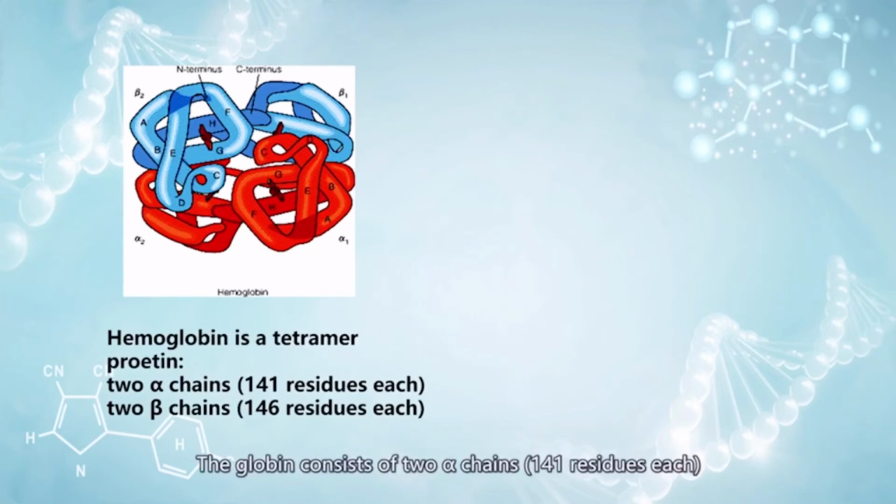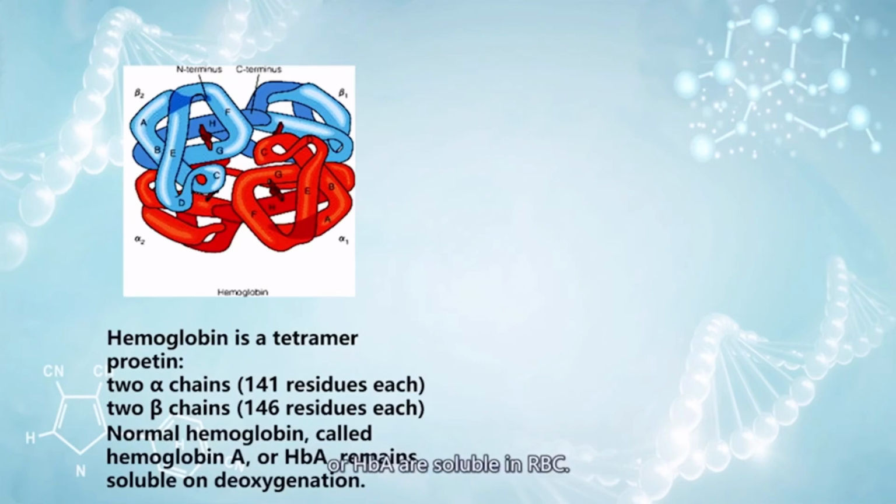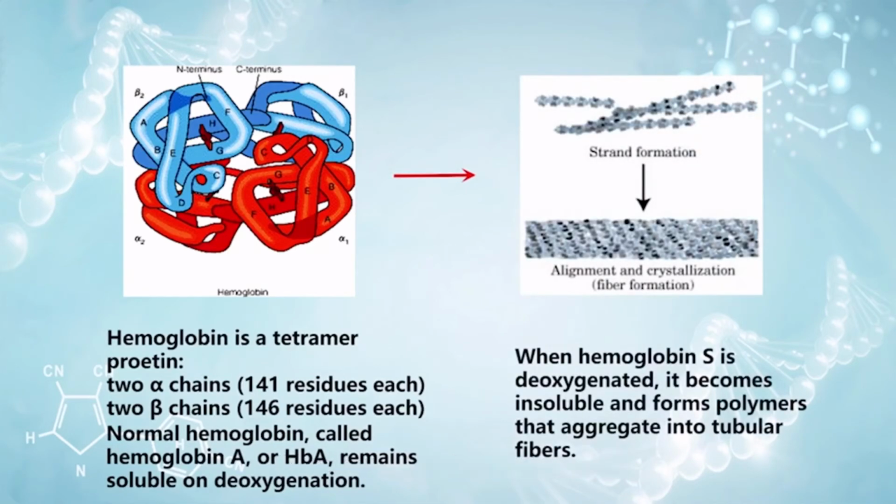The globin consists of 2 alpha chains and 2 beta chains. Normal hemoglobin, called hemoglobin A or HbA, is soluble in red blood cells. When hemoglobin S is deoxygenated, it becomes insoluble and forms polymers that aggregate into tubular fibers. Hemoglobin A remains soluble on deoxygenation.